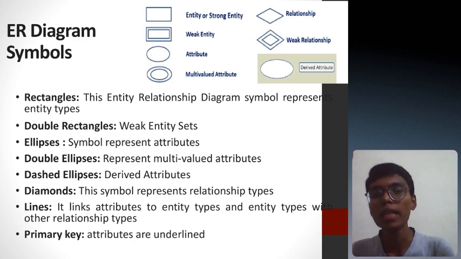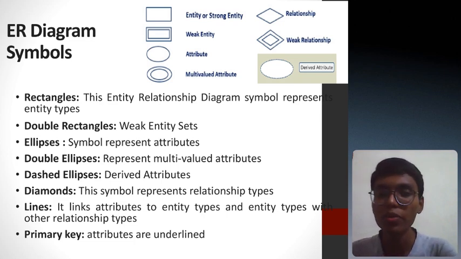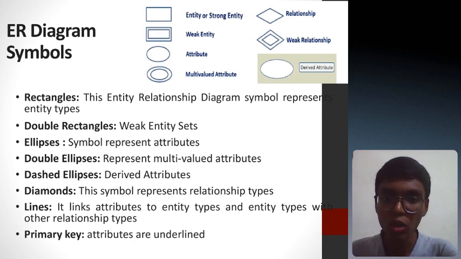We can draw the ER diagram using particular symbols, and each symbol has its particular meaning. If we draw a rectangle, this shows an entity type or strong entity. Whereas the double rectangle is for the weak entity.